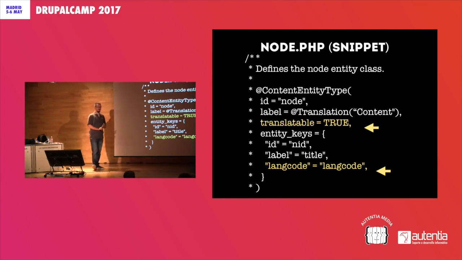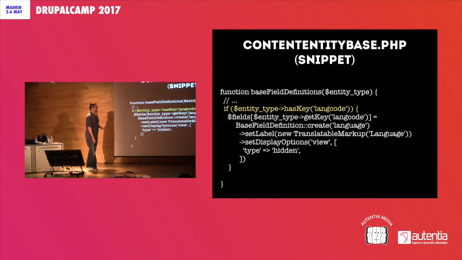For that, you need to have a language field. So there's a langcode entity key here that maps to a field which will store the language. And then you need to have a base field for this language. This is from ContentEntityBase, which probably you should be extending if you are creating your own entities.